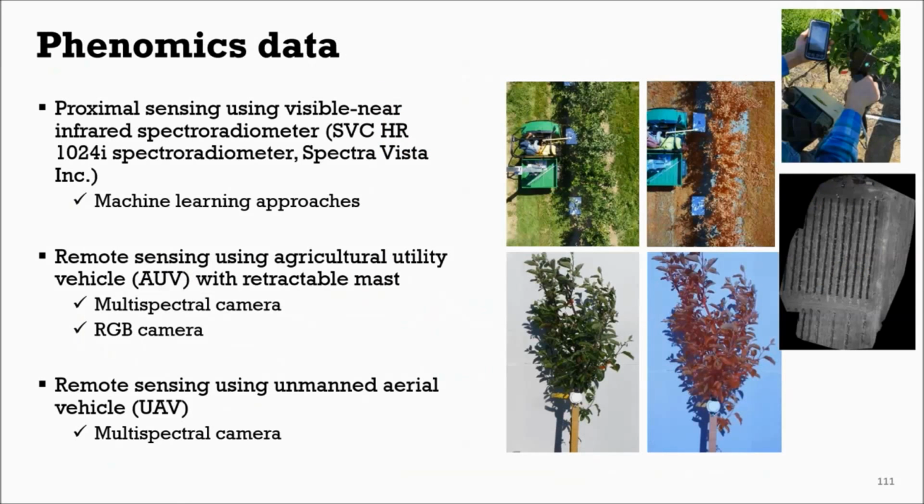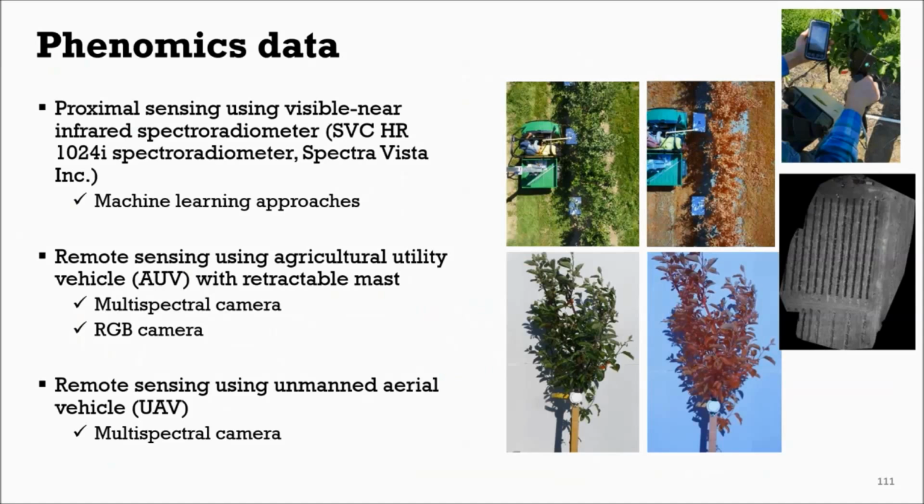So what we did was we used many different types. We used a visible near-infrared spectroradiometer with machine learning approaches. We did gator-based imaging and we did aerial imaging. When you inoculate one shoot in the entire tree, you're not expecting changes at the canopy level, right? You're just measuring that one branch that's inoculated.